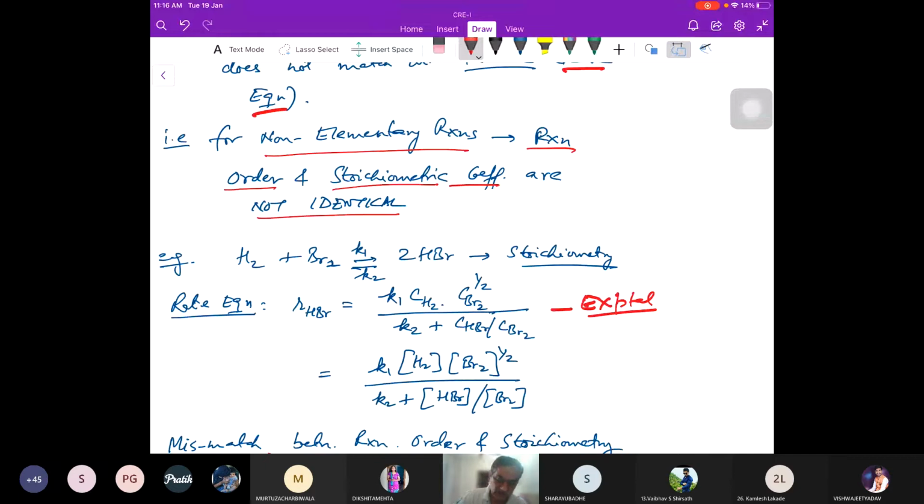Or if you take this as elementary, then you should get rate of HBr is equal to k1... ऐसा आना चाहिए, बराबर ना? करेक्ट है कि नहीं है? If it was elementary.